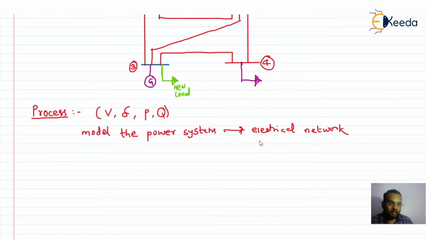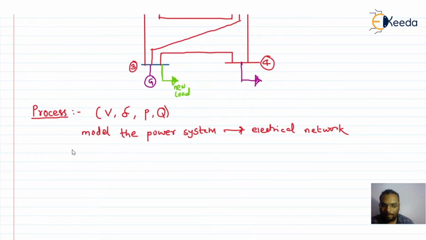But while modeling the power system into a simple electrical network, what happens? The generators which are connected in the power system behave more like a power source instead of a voltage source. I'll write that point here.